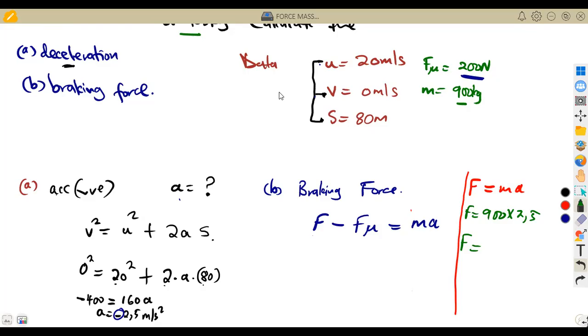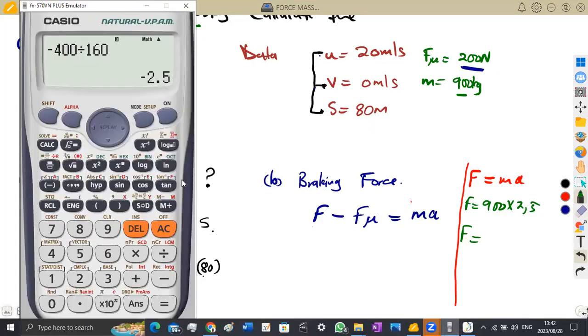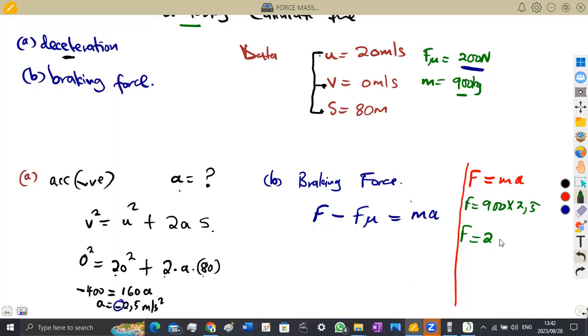If we are to multiply 900 by 2.5, we are going to obtain something like 2,250 Newton.